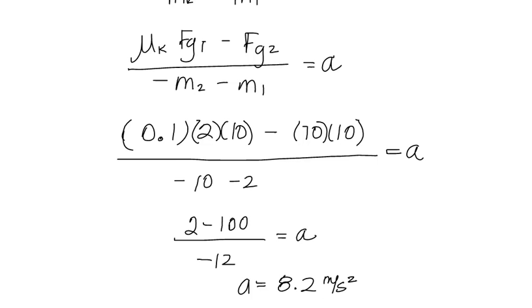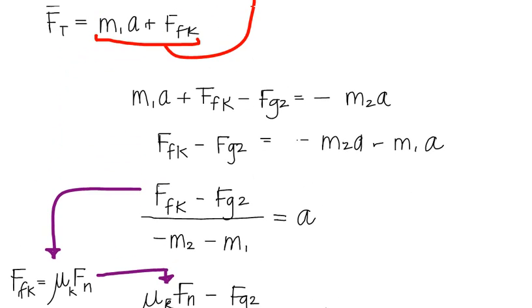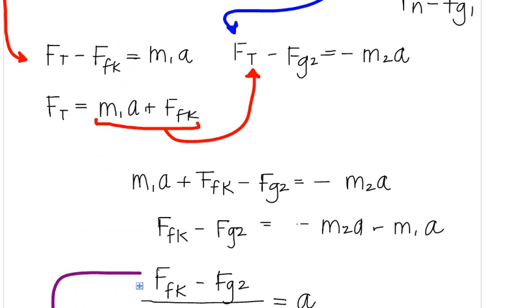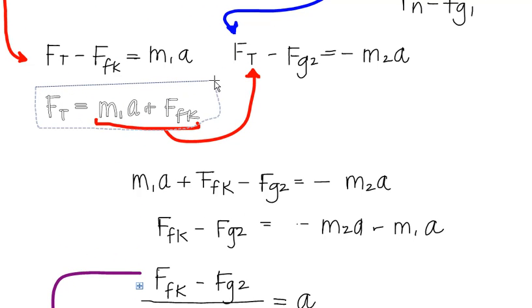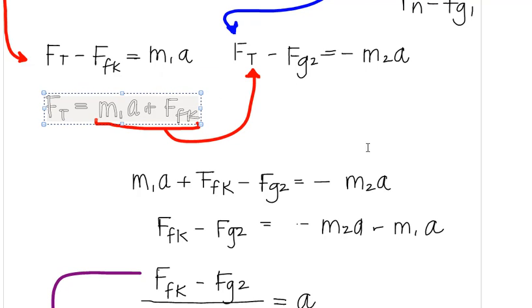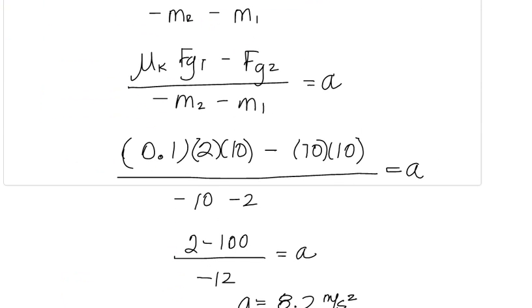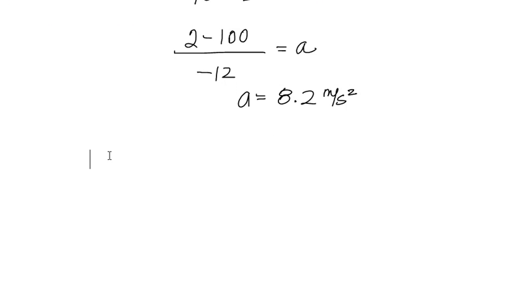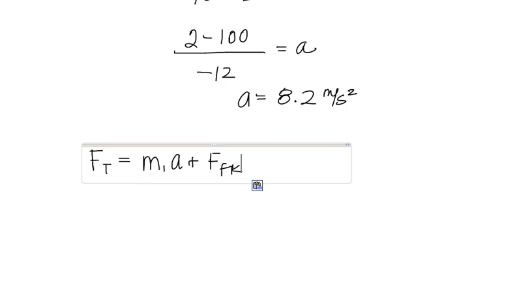Now, earlier, the tension force we had solved for way up here: the tension force is equal to m1a plus the force of friction. So we can take that equation and substitute our acceleration back into it, and we will find the tension force.